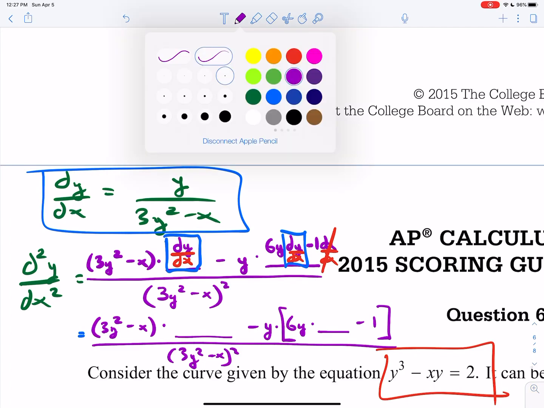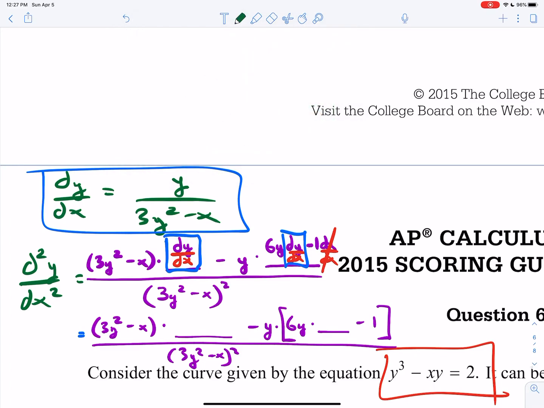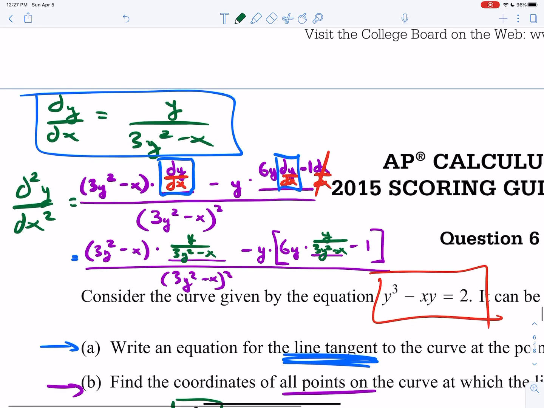So it does get a little bit messy, but here we go. I know that dy/dx is equal to y over 3y squared minus x, so plug that in here. And although it's super messy, equal is equal.